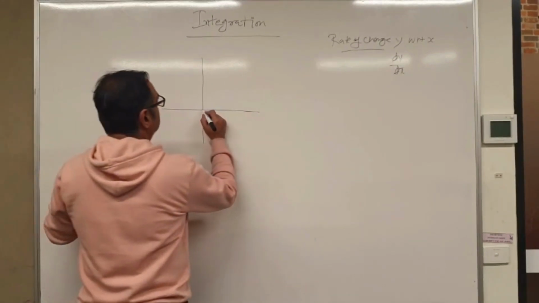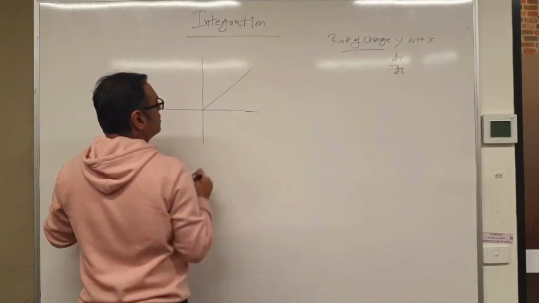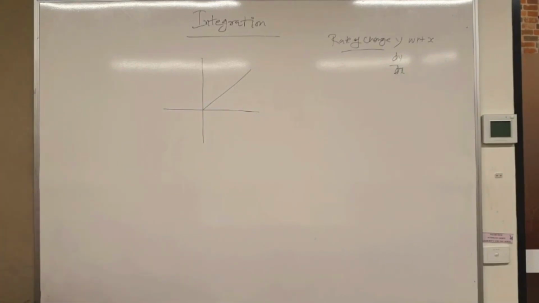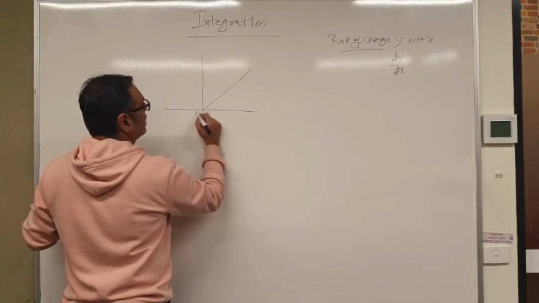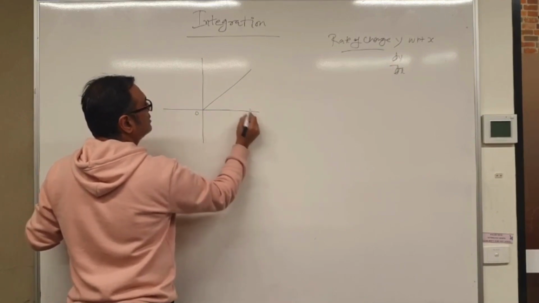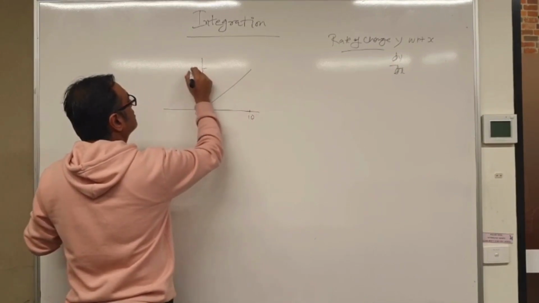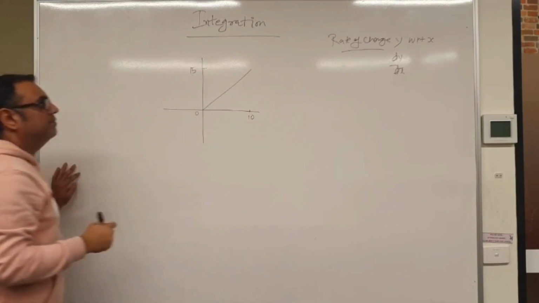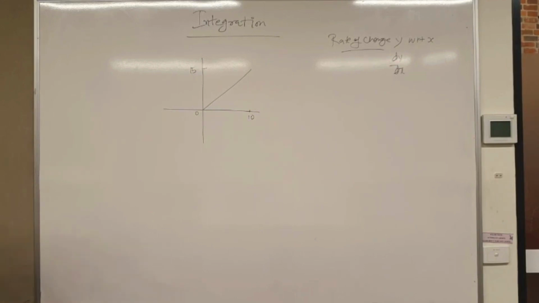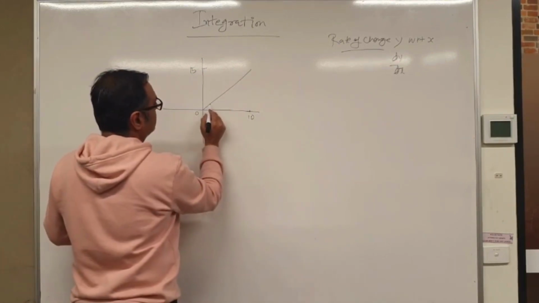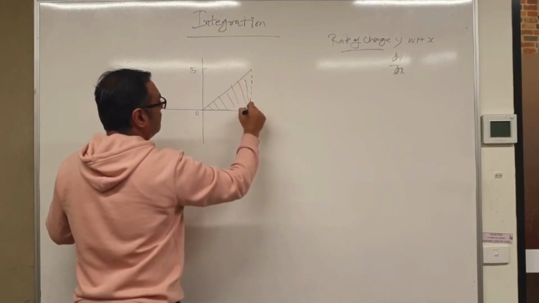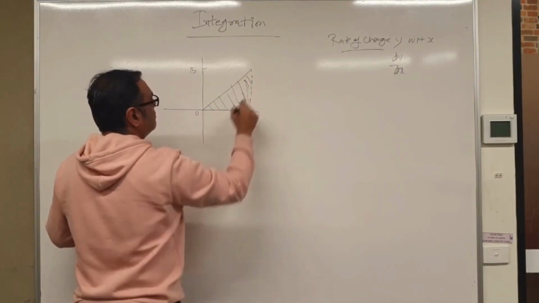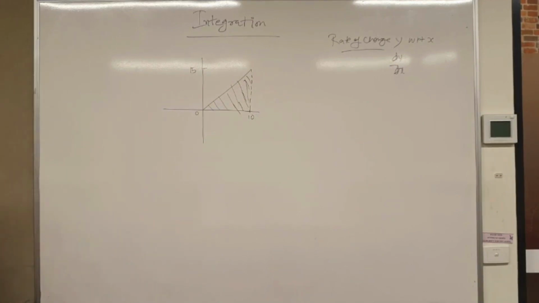So, for example, if I've got this kind of straight line, and let's say this is 0, and this was 10, and this is, let's say, 15. If I tell you, okay, find me the area under the curve here until 10. So it's easy, right?